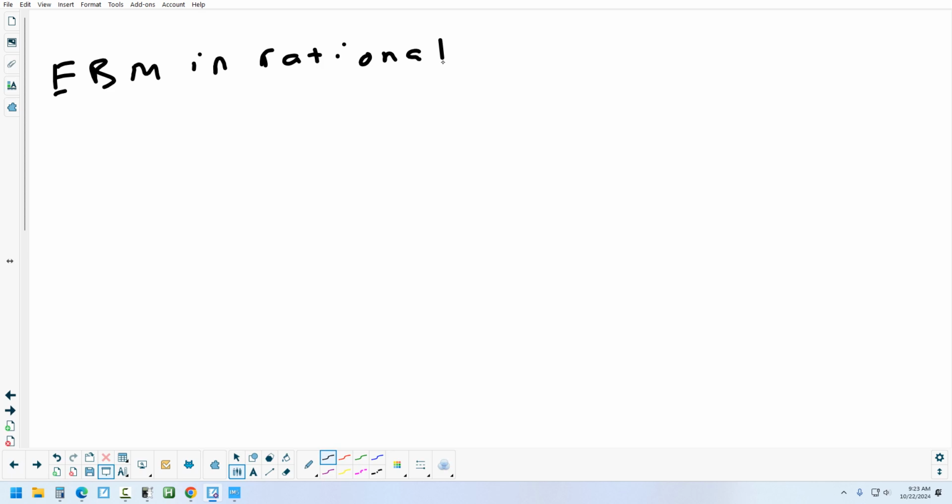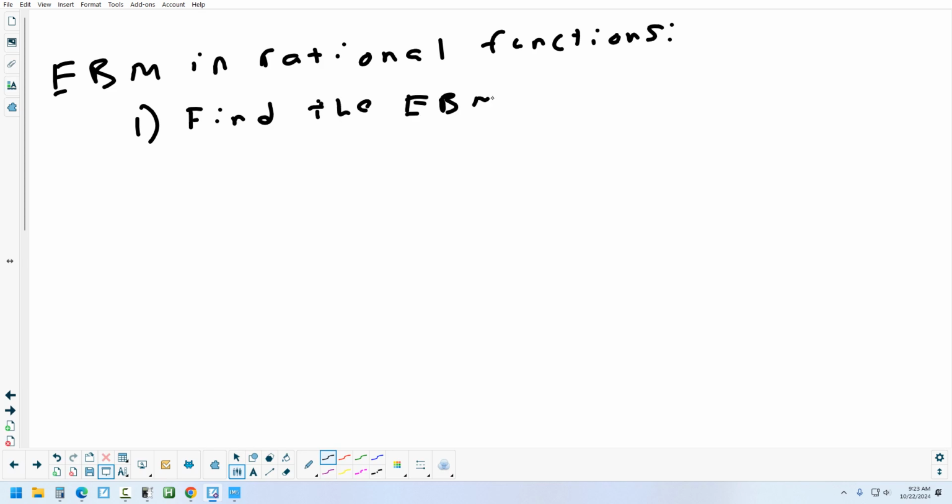The only difference is a rational function is two polynomials, one in the top and one in the bottom, and we're going to do it exactly the same way. So step one, you're going to find the EBM of the top. Step two, find the EBM of the bottom.